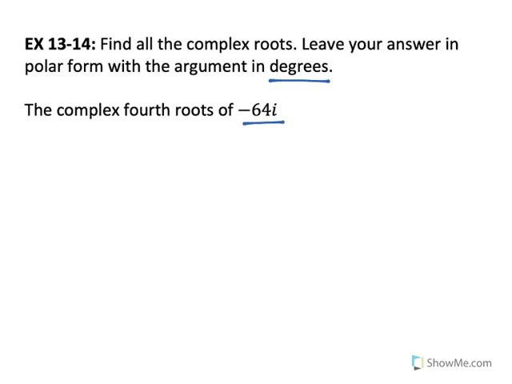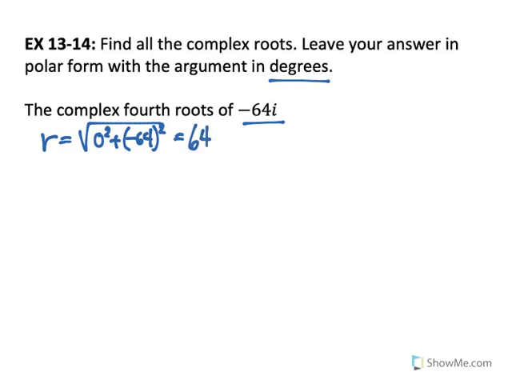We have a complex number here in rectangular form. We want to turn it into polar form, so we take r by taking the square root. We don't have a real part, so that would be 0 squared plus negative 64 squared, which just gives us 64.